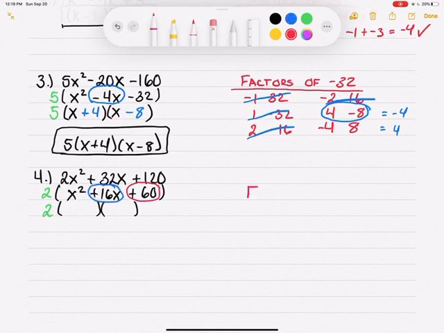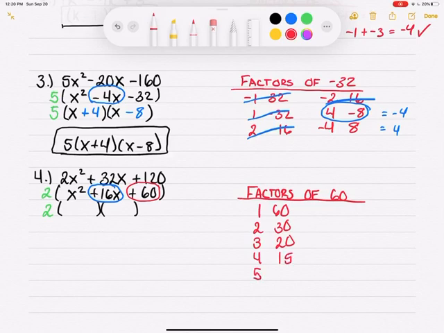So factors of 60. This is where a calculator comes in handy. But the factors of 60 are 1 and 60, 2 and 30, 3 and 20, 4 and 15, 5 and 12, and 6 and 10.